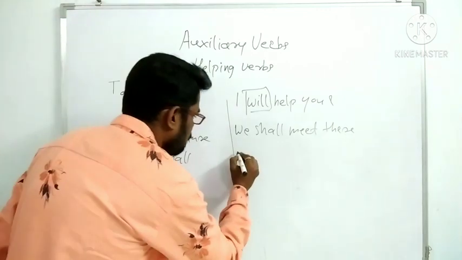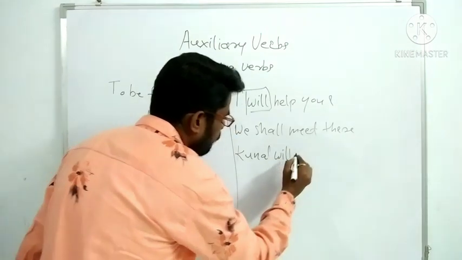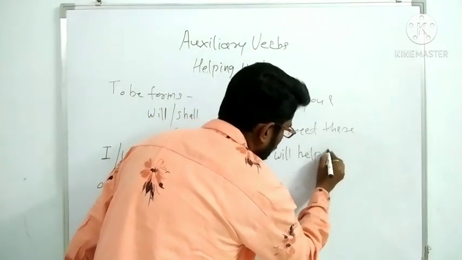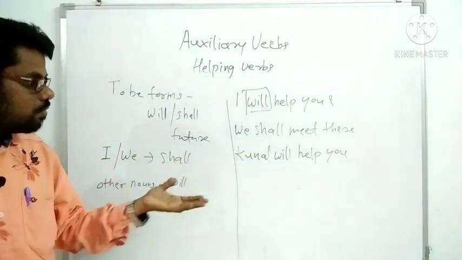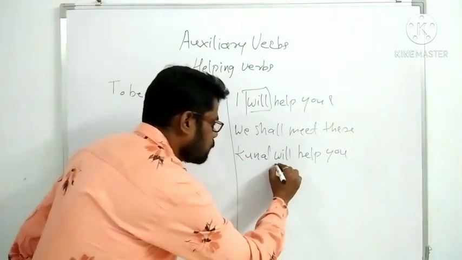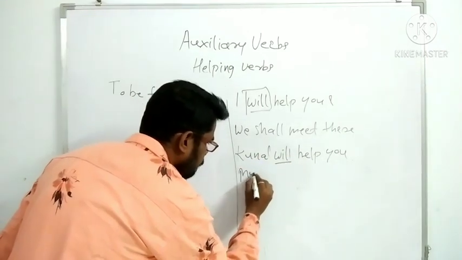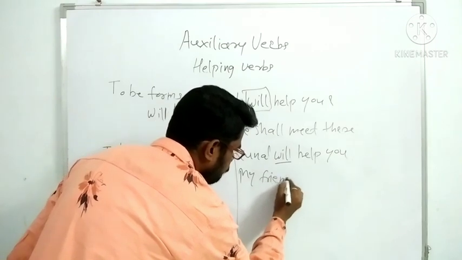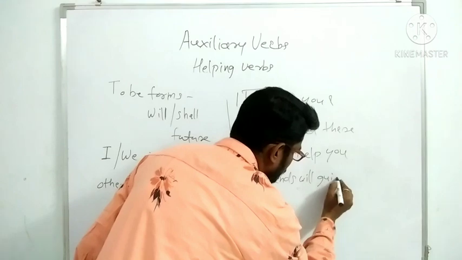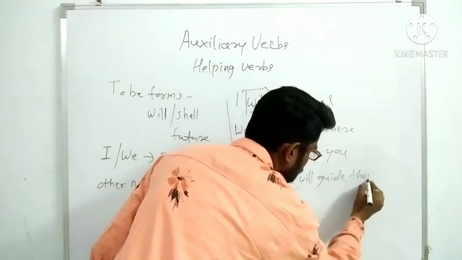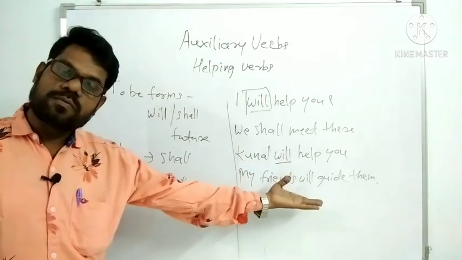Okay. See, Kunal will help you. Kunal will help you. So the future action. So Kunal will help you. We use will here. Okay. My friends will guide them. See, my friends is plural, so we use will.